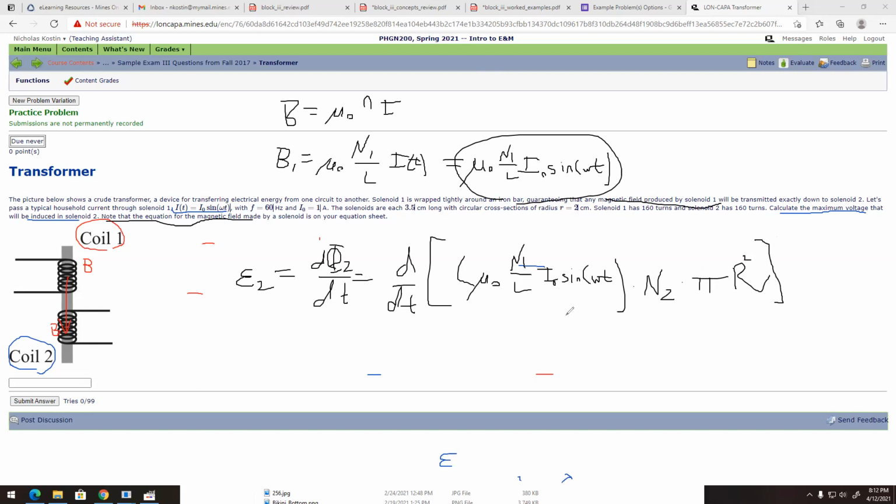And when I take a time derivative, the omega is going to come out via the chain rule, and it's looking for the maximum voltage. So whenever I have sines and I'm trying to find the maximum of something, I can always just ignore the sine and cosine terms, because sine and cosine by itself just oscillates between -1 and 1, so it has an amplitude of 1.